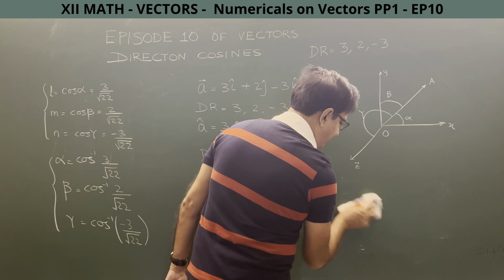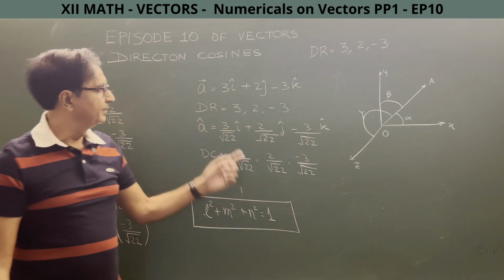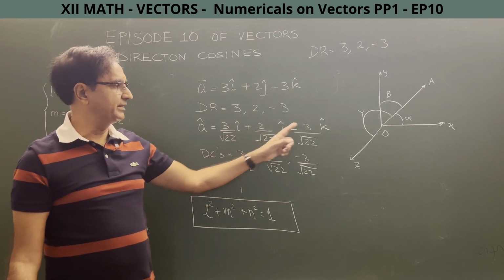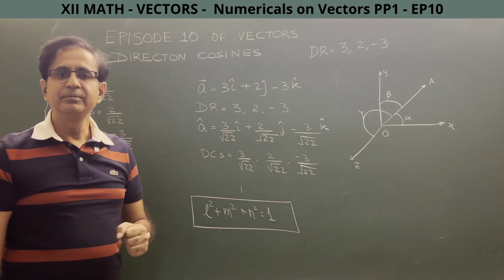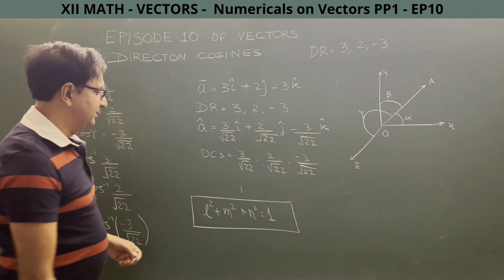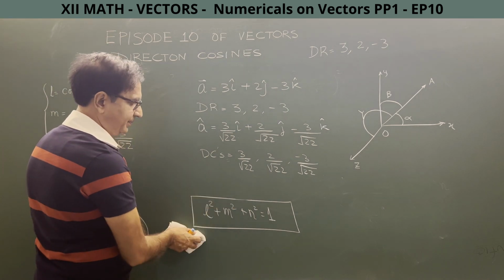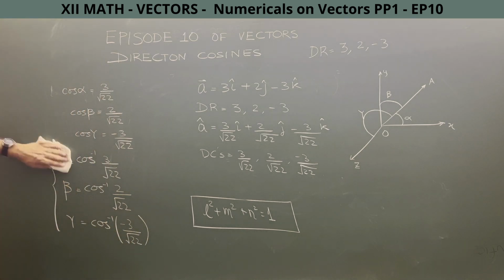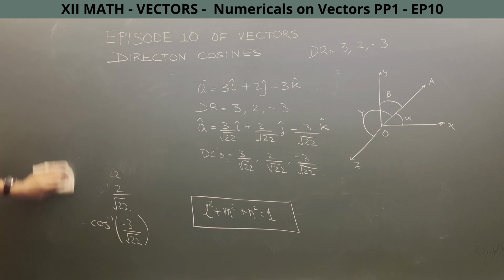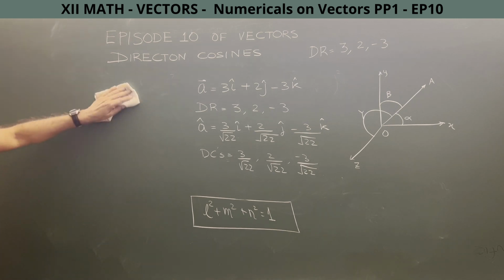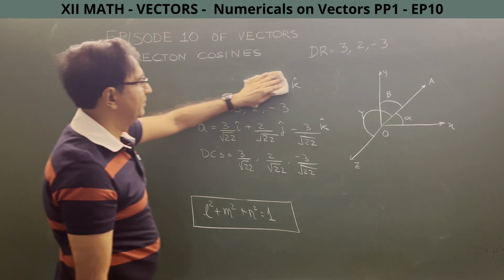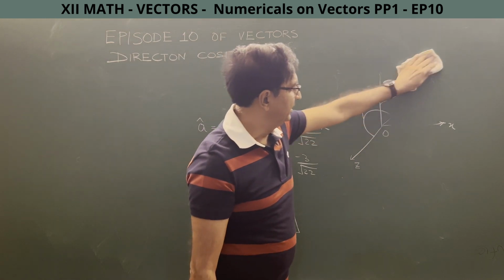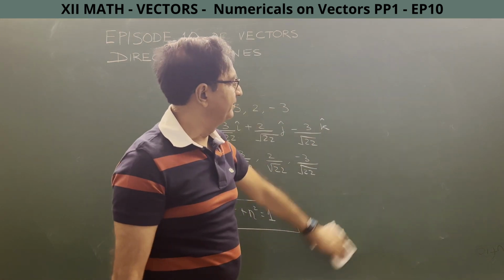If you convert the vector into a unit vector, then take the coefficients of i, j, k, they are the direction cosines. Okay, and this is the theorem. So I am going to clean the blackboard now, and that finishes the theory of direction cosines and direction angles. There is a caution here.